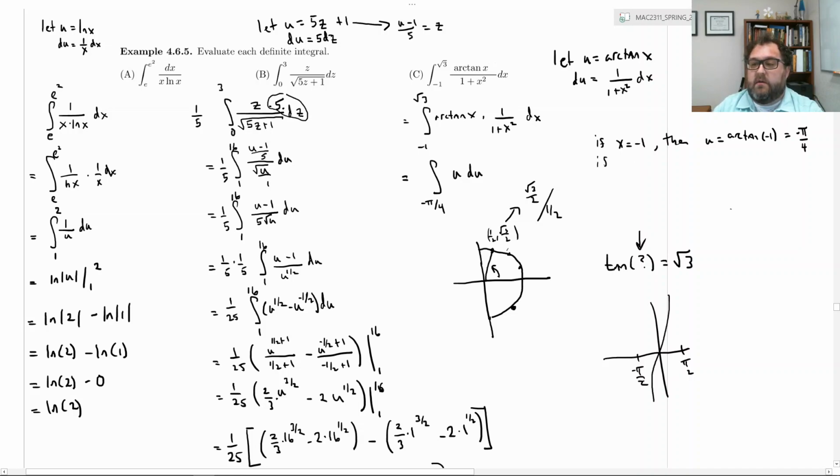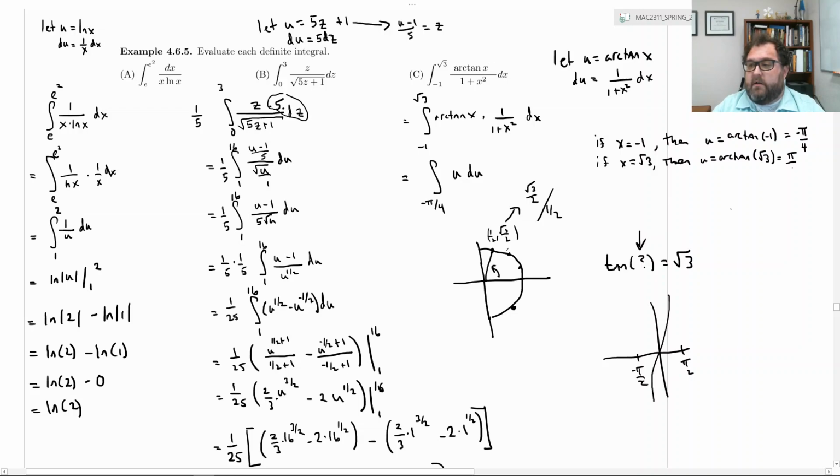So we could say if x equals radical 3, then u equals arctan of radical 3, which equals pi over 3.